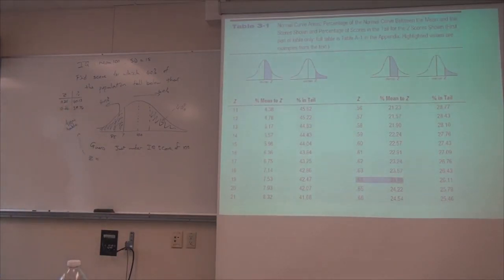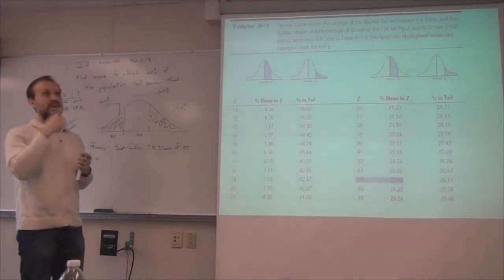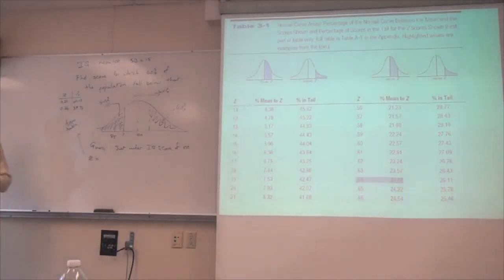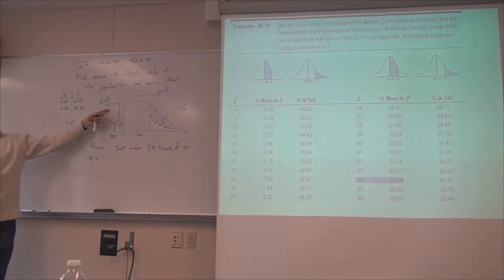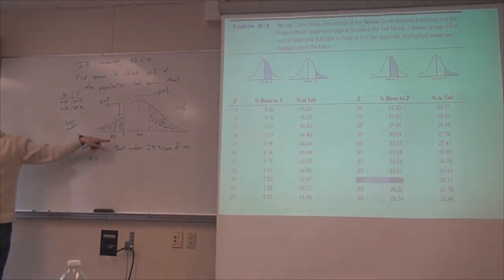Now, I'm so confused. All right. We're using it in reverse because previously we were given a Z score and asked to find the percentage. Now we're given a percentage and asked to find the Z score. So just find the corresponding 40% value. So now it's like I have the answer. What is the question?